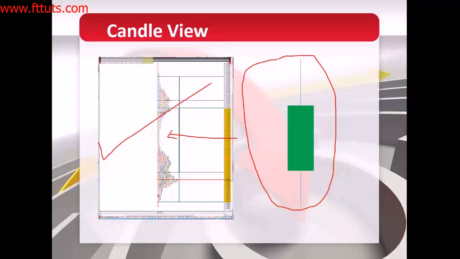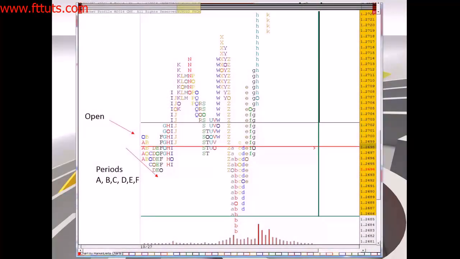Where's value here? What happened? Here, I can also tell a lot about the auction and how the market auctioned. And to do that, I am going to change the look of the profile a little bit for you. This is the same exact profile that we were looking at, except now I've toggled it into a split profile.